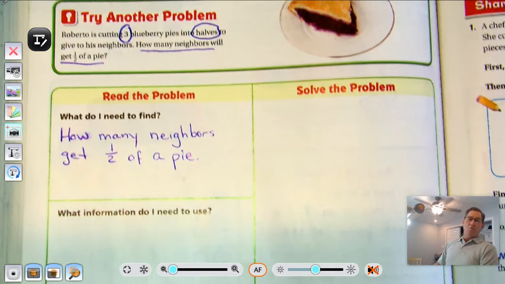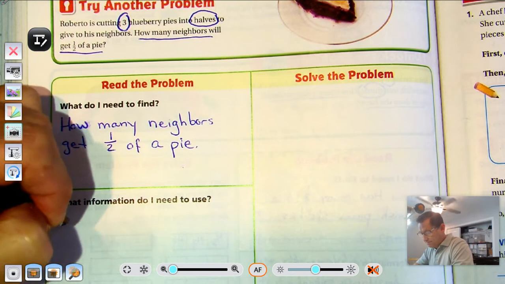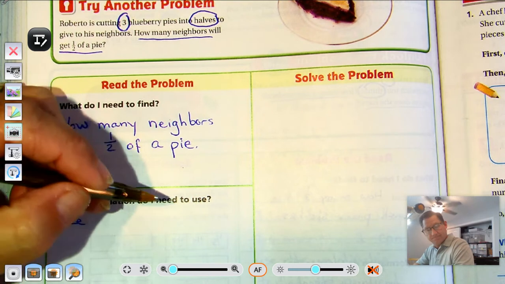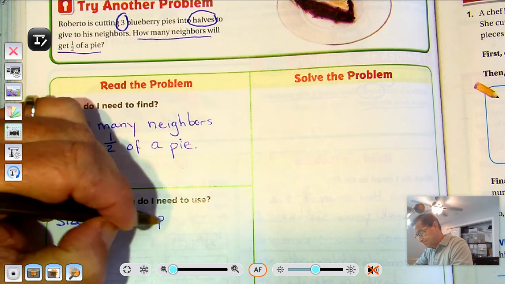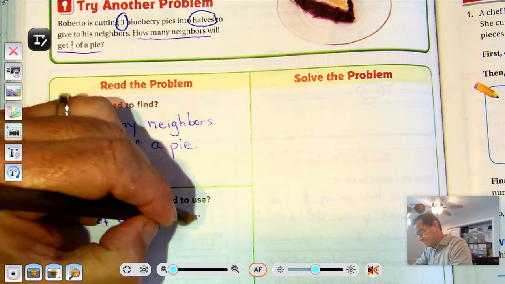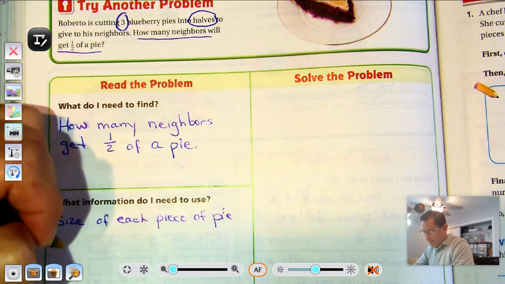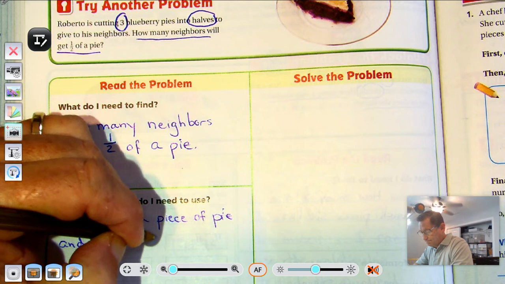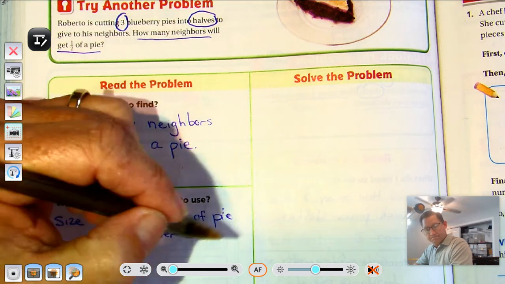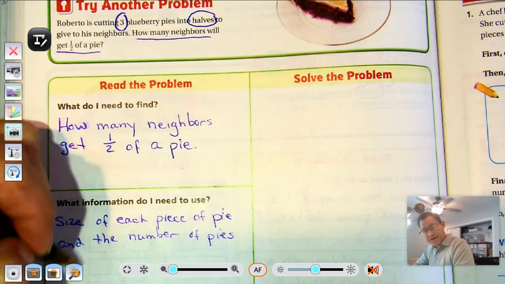All right. What information do I need to use? I need to use the size of each pie slice, and the number of pies that he's cutting.